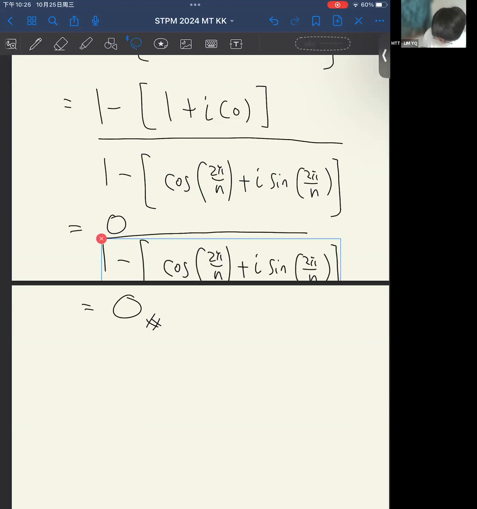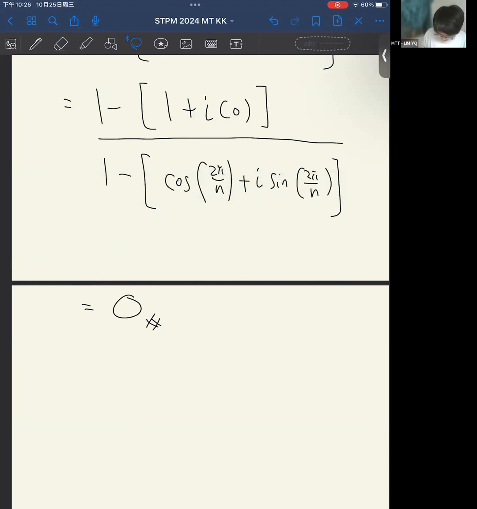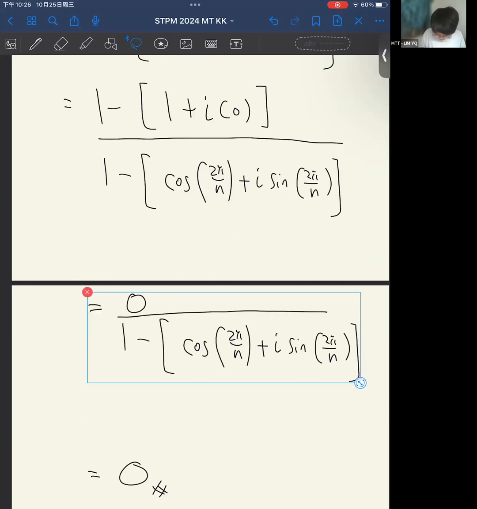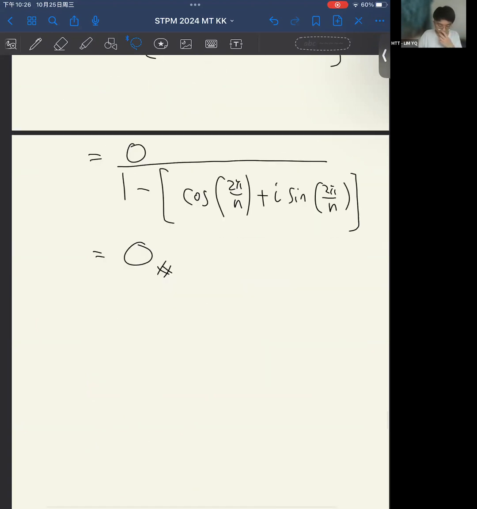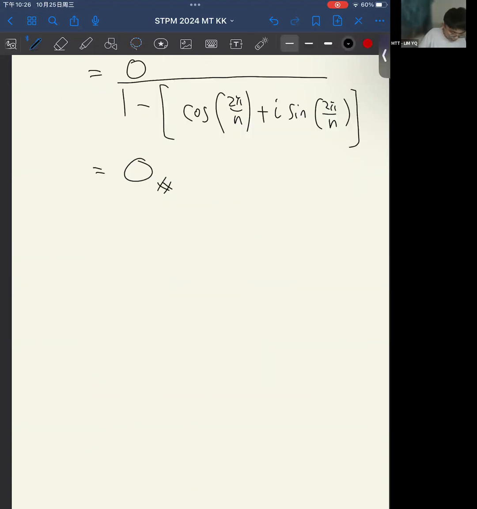Actually, you have one more thing to write. You must write that the down part is not equal to 0. This is something you write by yourself, okay? Then only it is not 0 divided by 0, and it's valid. Anyway, just a very minor thing only.